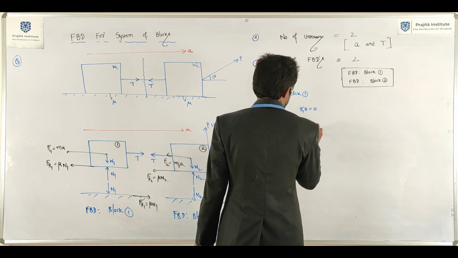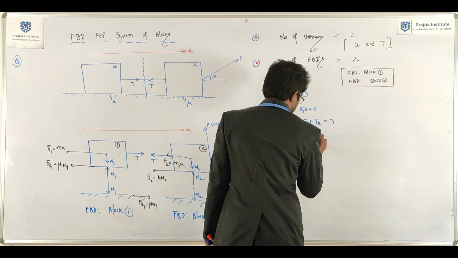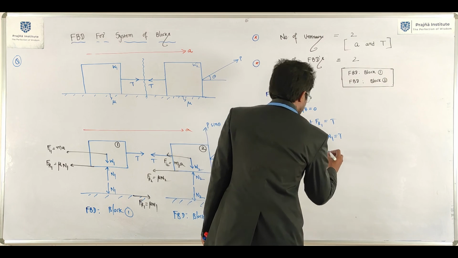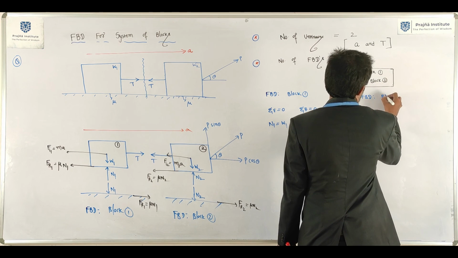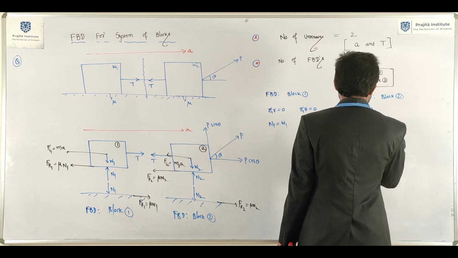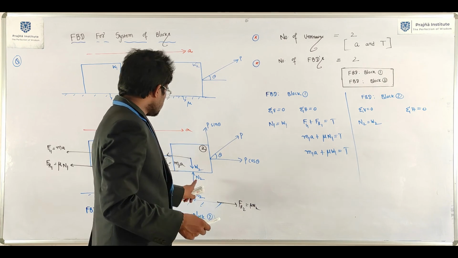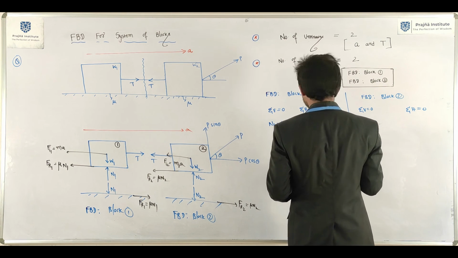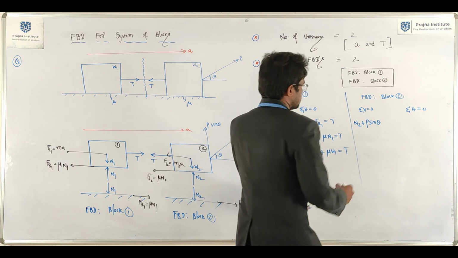Here inertia force 1 plus frictional resistance 1 is equal to tension T: M1A plus mu N1 equal to T, so M1A plus mu into W1 equal to T. Now FBD, block 2, sigma V equal to 0. Here N2 plus P sin theta equal to W2.